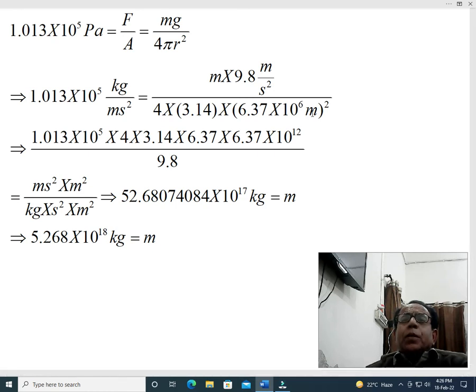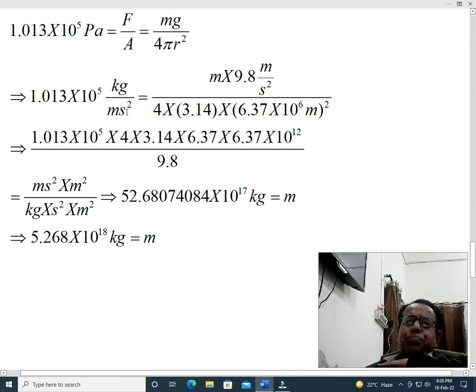Okay. So, moreover, when we keep mass on one side, then this second square which is in the denominator will become the numerator and will be cancelled out with this second square.